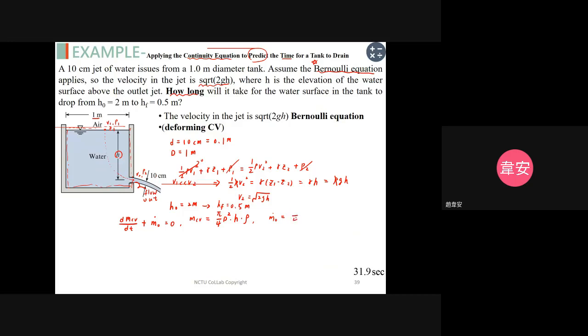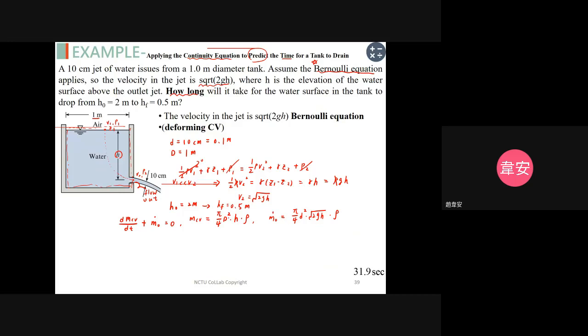So we know the cross-section area of the jet is 4 over pi small d squared, and the flow out velocity is the root of 2gh. So this is the area multiplied by the velocity. That is the discharge, and the discharge multiplied by rho is the outflow mass rate.